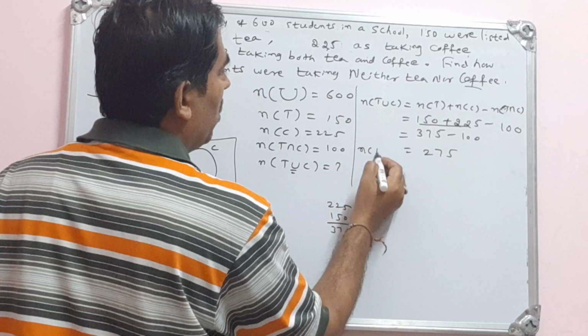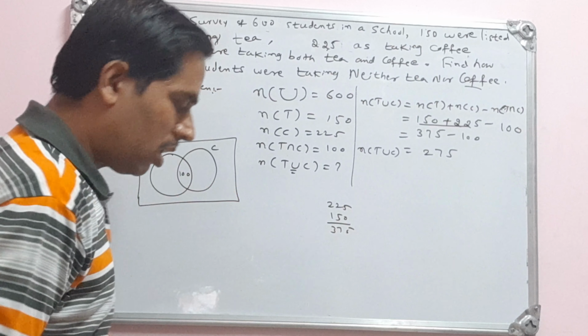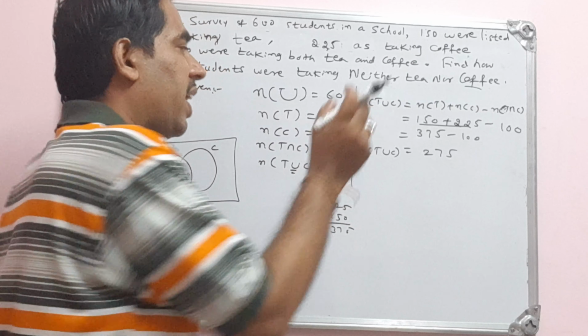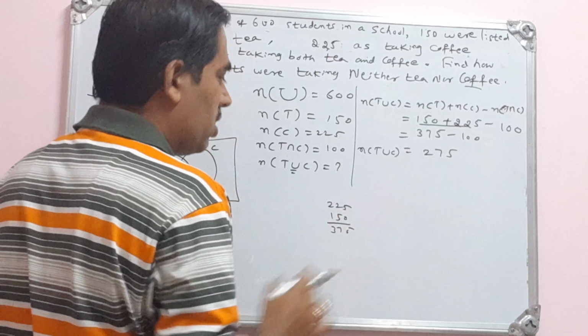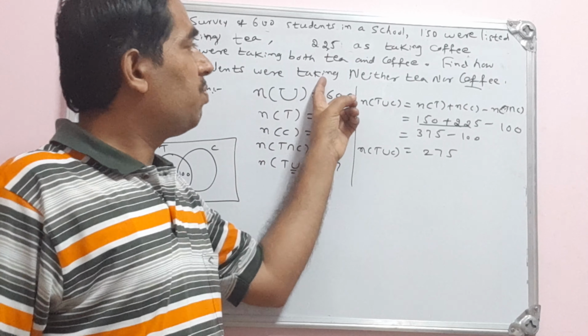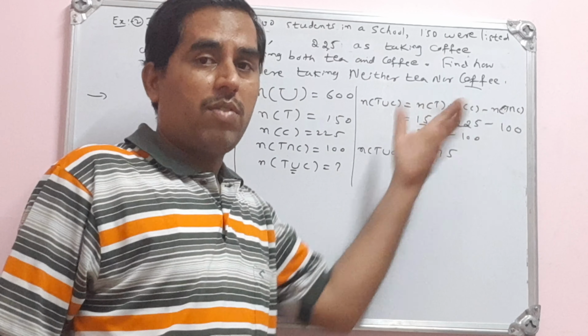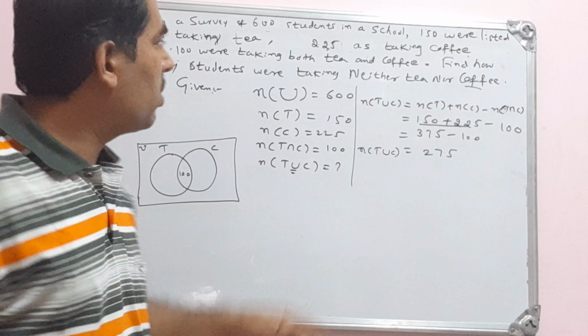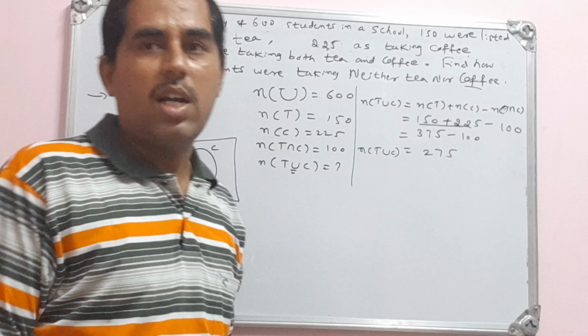This is n of T union C. That means at least one of the students will take either tea or coffee. So what do we want? We want the number of students who take neither tea nor coffee. That means we have to subtract 275 from the number in the universal set, that is 600.